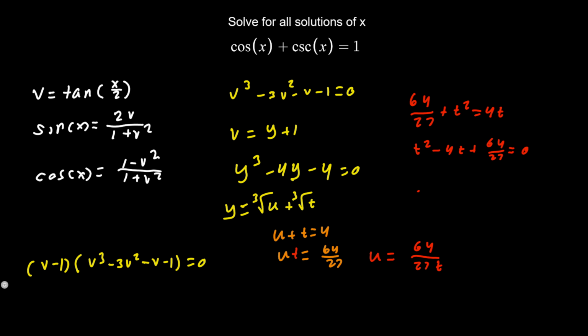We're just going to complete the square, so we have t squared minus 4t plus 4, and minus 4 plus 64 over 27.